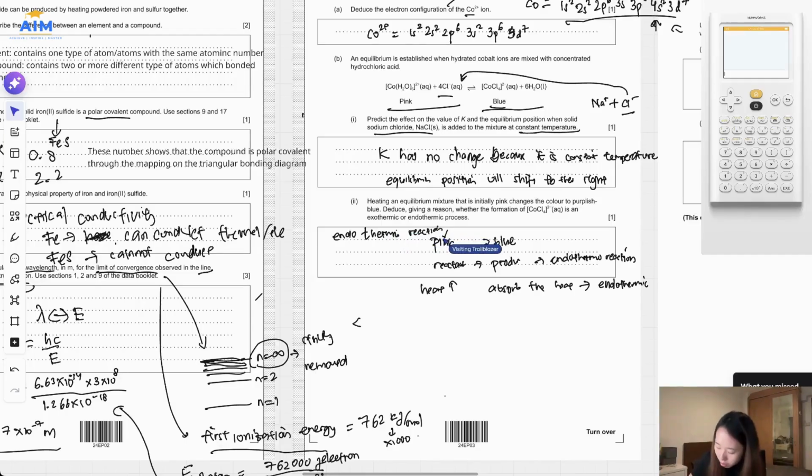The reason is that it favors the product side when the heat increases, when you apply heat, the temperature increases. So this will be the answer. You can write down this answer.